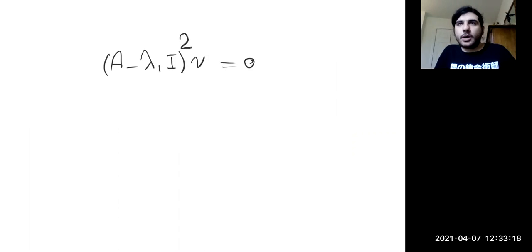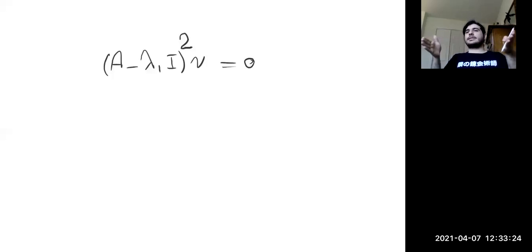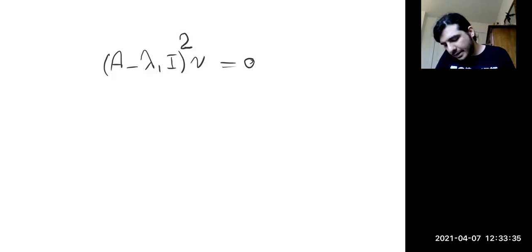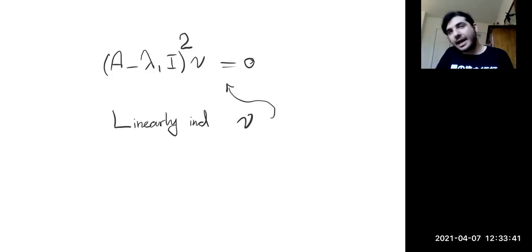A minus lambda 1 I squared times v equal to 0. Okay, A minus lambda 1 I is a matrix. I look at the square of that, multiply, I would look at that times v equals 0, and I would look at all linearly independent vectors v satisfying that.